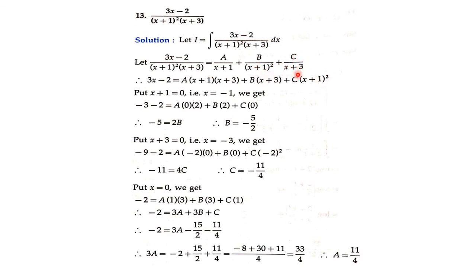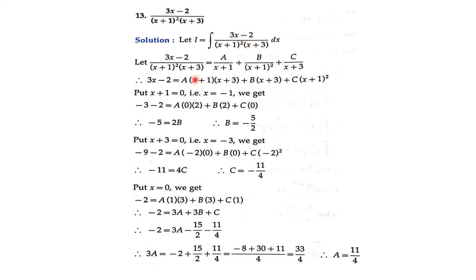Because there is no (x + 1), that's why we multiply by (x + 1)². This is the equation. Here we have already removed the denominator and we get the plain form.